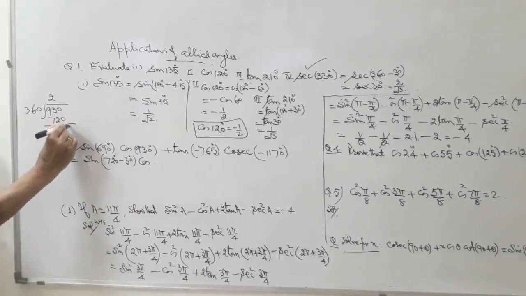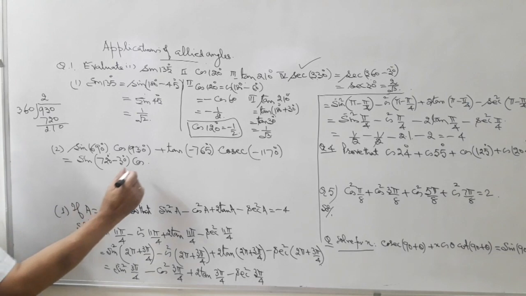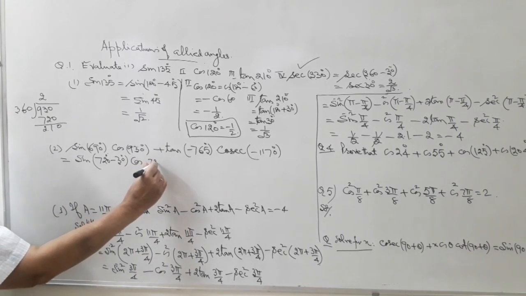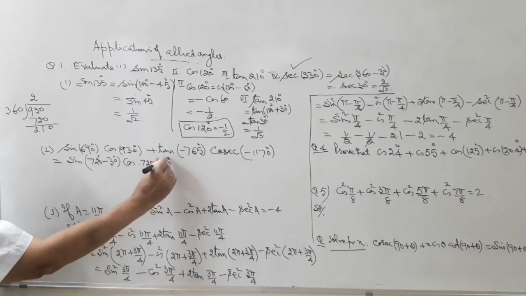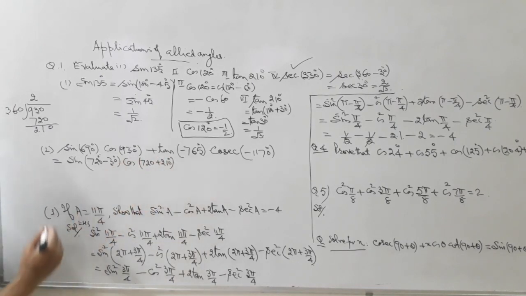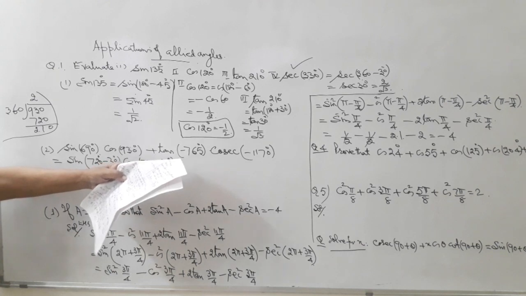Almost we have 210. So here you can put it as 720 plus 210. Verify this. Just on one side separately divide, take out the revolutions complete, and then you say 720 plus this.